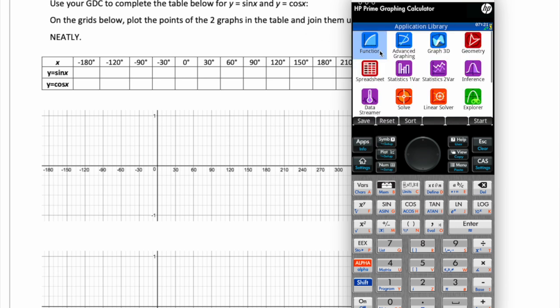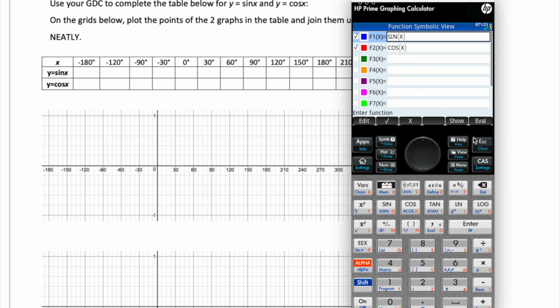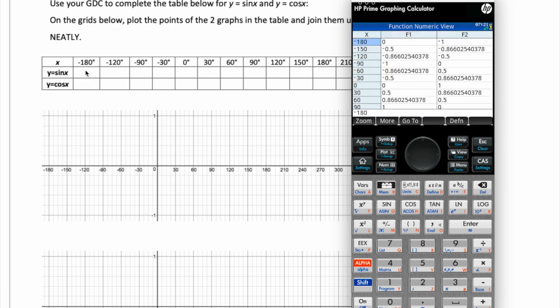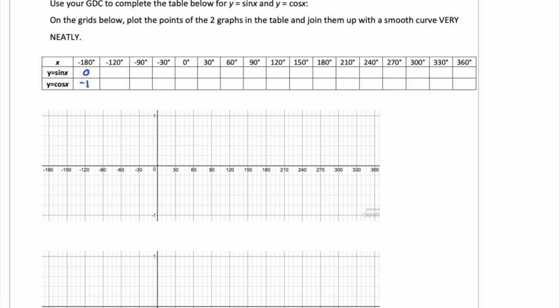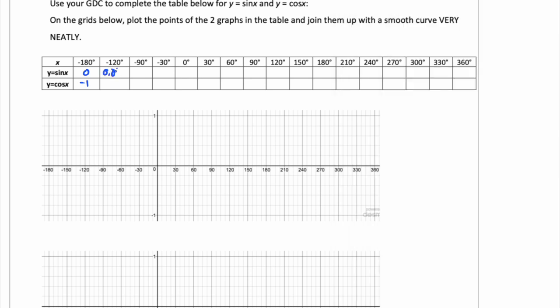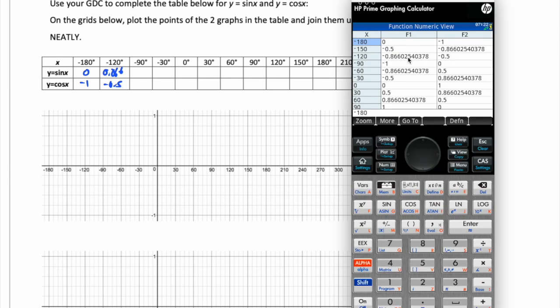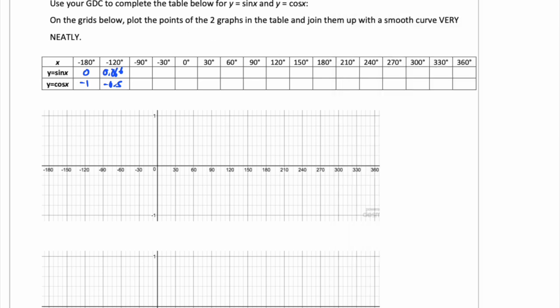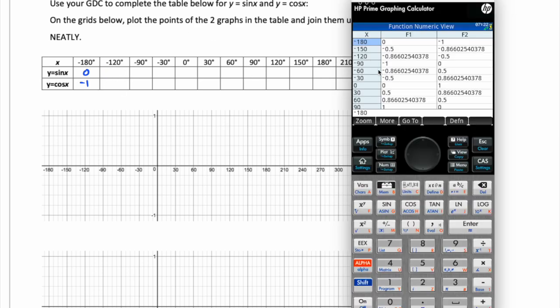We typed in sine and then cosine, so they're in the right order. So it's going to be 0 and negative 1. And then we've got 0.866, negative 0.5. Actually, this is negative 120, so they skipped some in the table.